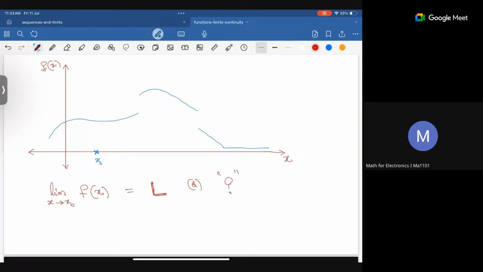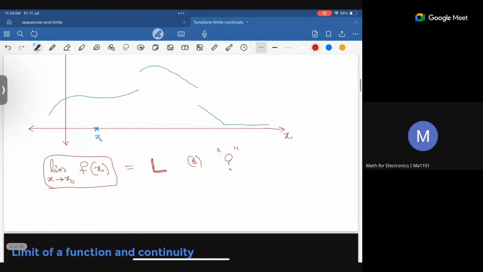For computing this limit, the easiest way is to compute the left hand limit and the right hand limit. Now what is the left hand limit? Left hand limit means the value which converges from the left hand side. So instead of considering any random sequence that converges to x0, I will consider only those sequences that converge to x0 from the left hand side.